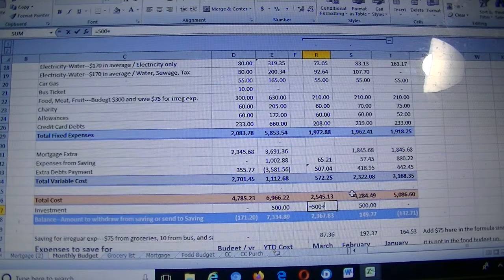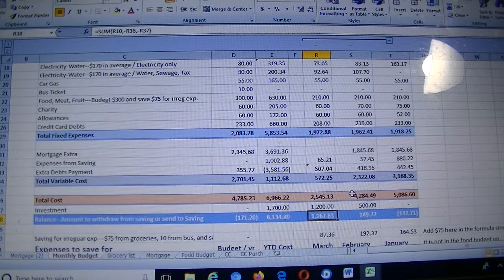So we will put $500 on the side for that property tax, and another $200 to pay for utilities on that property as well. So that's $1,200 that will go to our business that I'm going to put under investments, and that is going to affect how much of my income will go toward the mortgage extra.